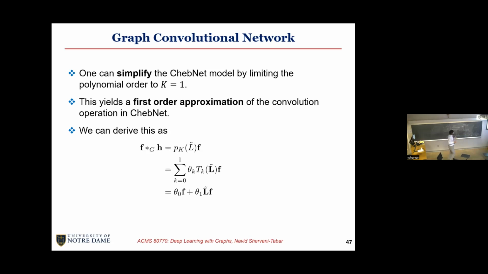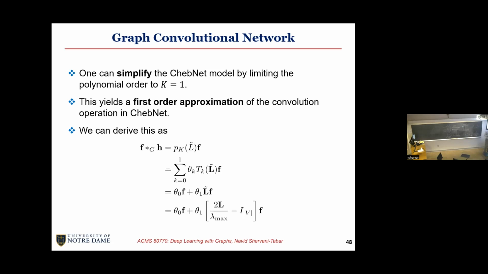So I have two terms that I'm summing: T0 f plus T1 L tilde f, right? Now I plug in what my L tilde was, which was the scaled normalized Laplacian matrix. So I plug that in, and this is the relation that I have.